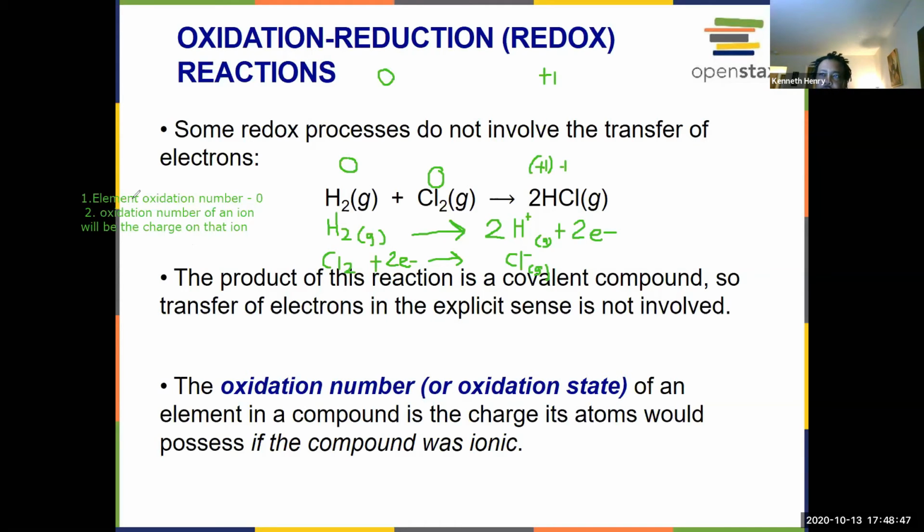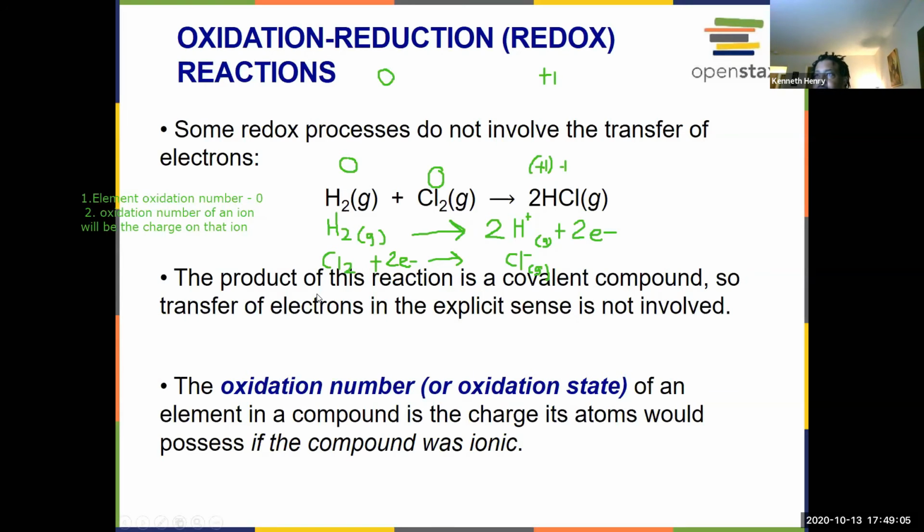Remember these rules so far. Elements have the oxidation number of 0, and monatomic ions have the oxidation number equal to their charge. So those are your first two rules.